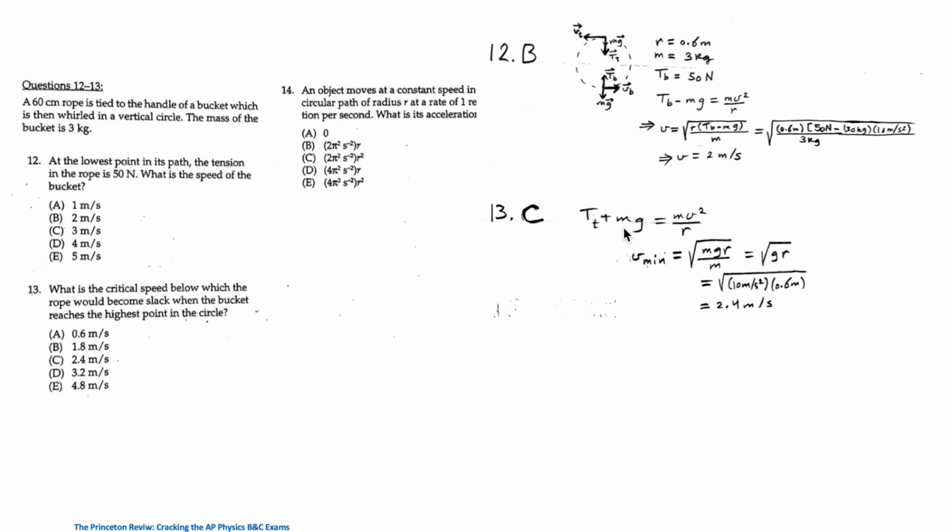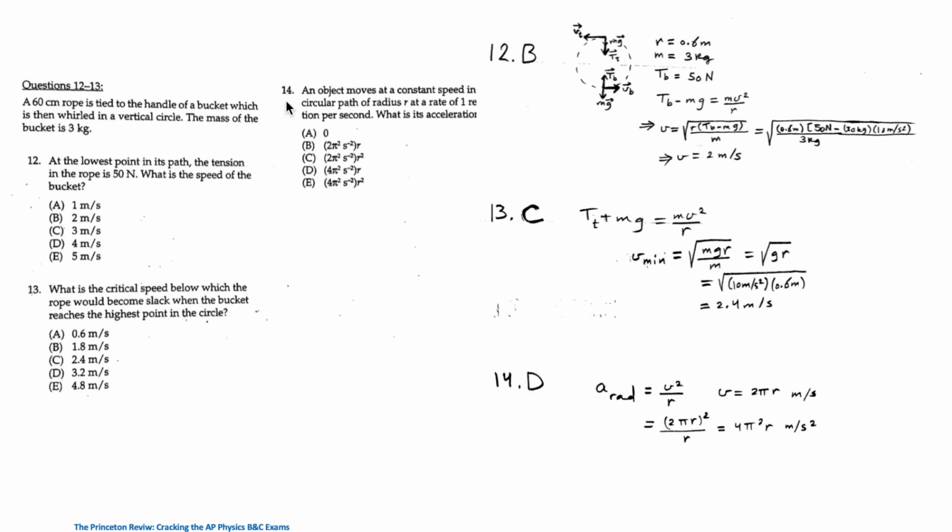The minimum speed for ensuring that the bucket makes it around the circle is the speed at which T becomes 0. Any speed above this speed would ensure that the bucket makes it around the circle, okay? So the minimum speed is when T just becomes 0. So v is equal to the square root of gr, and this gives 2.4 meters per second, which is C.